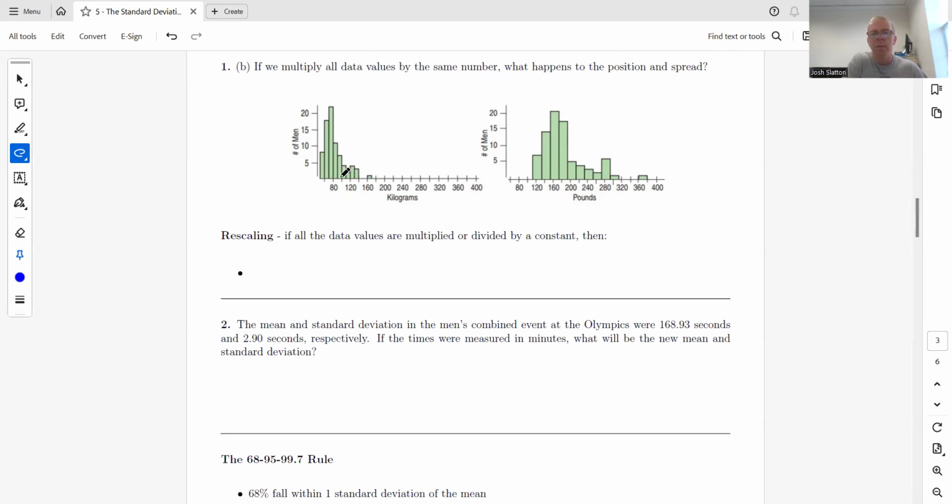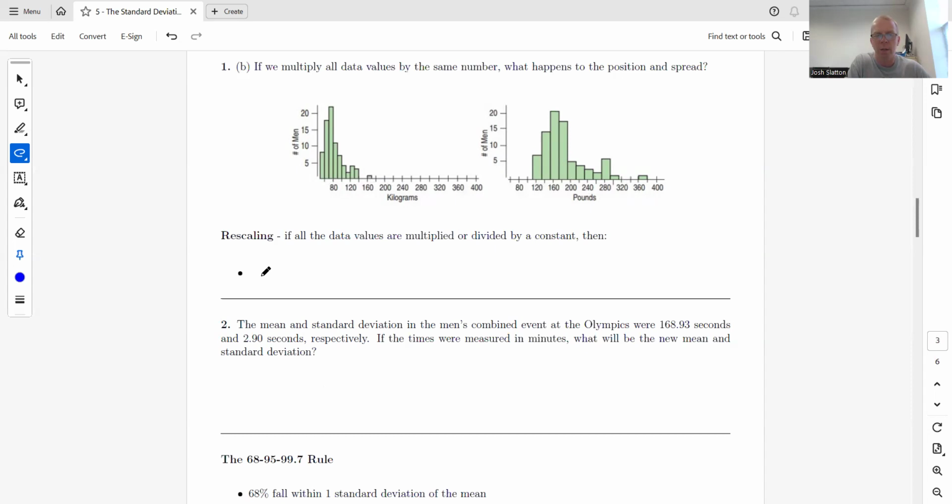In this case, the center, and we'll just say the mode is the center, is about 80. Here the mode is about 160, a little bit above 160 maybe. So that's changed. The spread here was about 60 up to 160. Here we have 120 all the way up to 320. So we've gotten more spread out by multiplying.